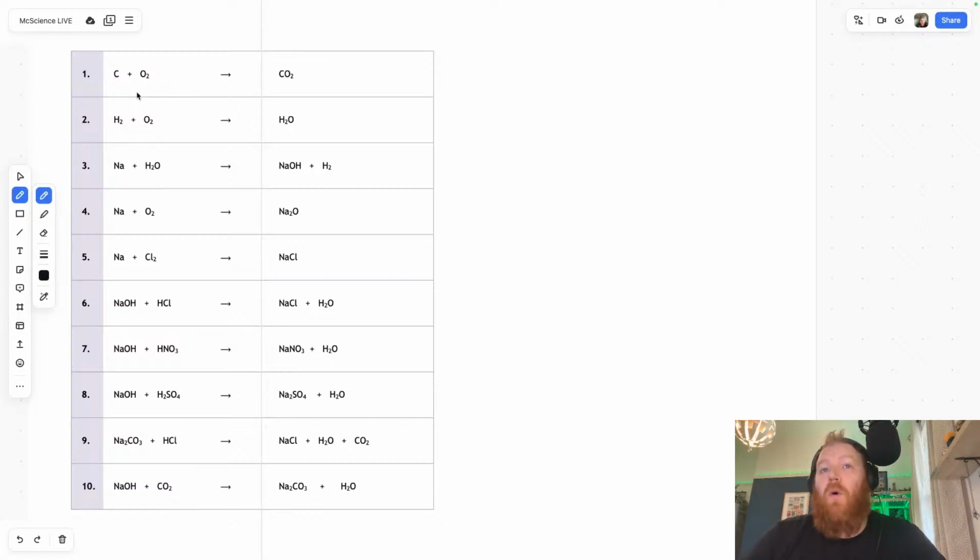Now, if we're not wanting the chemicals to change, which when balancing an equation we don't, this is what we would be looking at. So, on this first scenario, we've got carbon plus oxygen makes carbon dioxide.